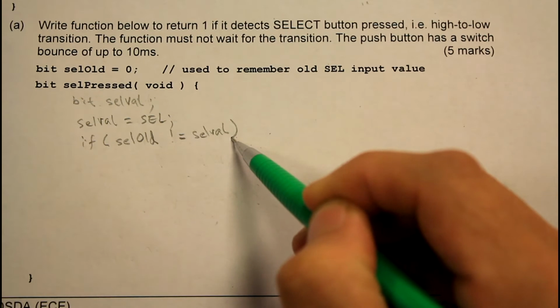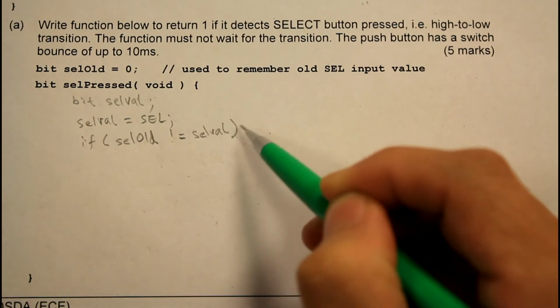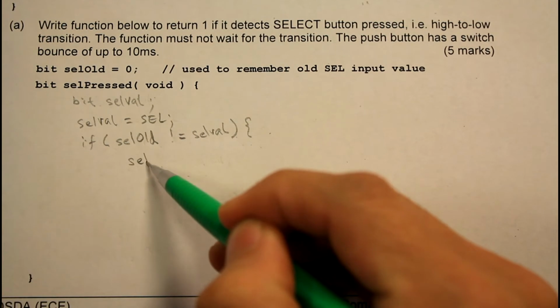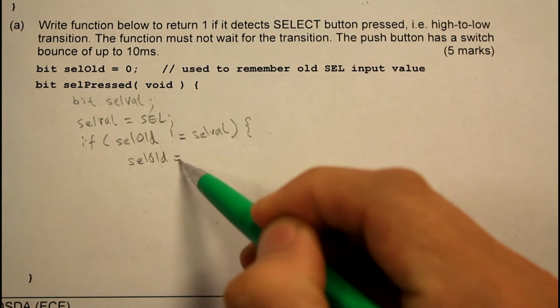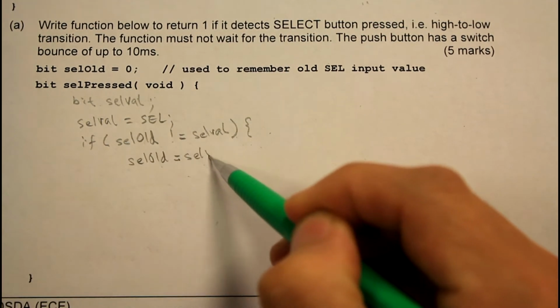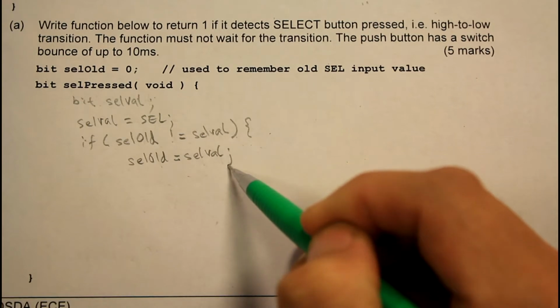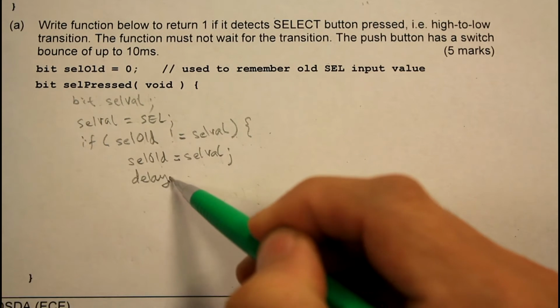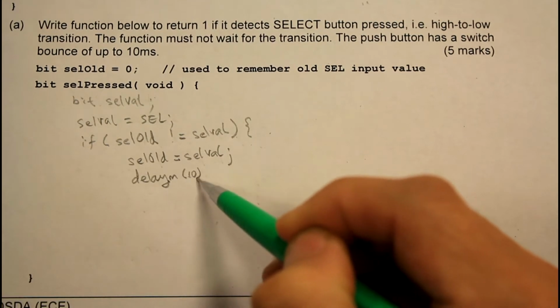If the two values are not the same, it means that there's a transition, either low to high or high to low. So if there's a change, we will need to update the old value. And we have to do debouncing by waiting for 10 milliseconds.